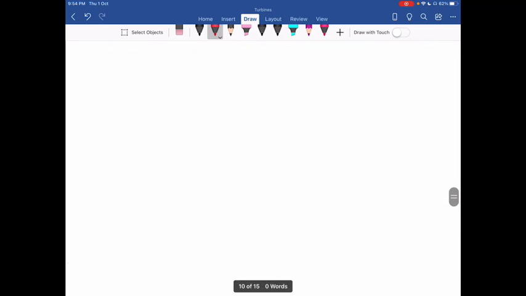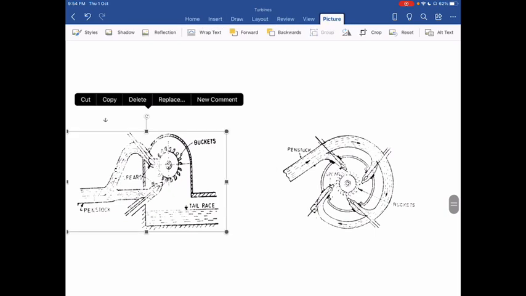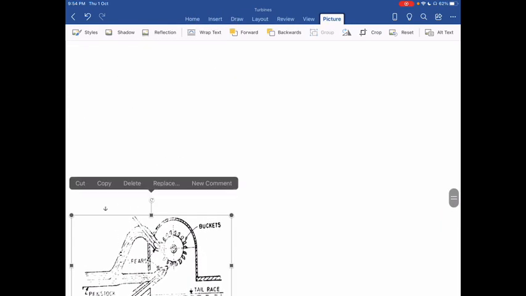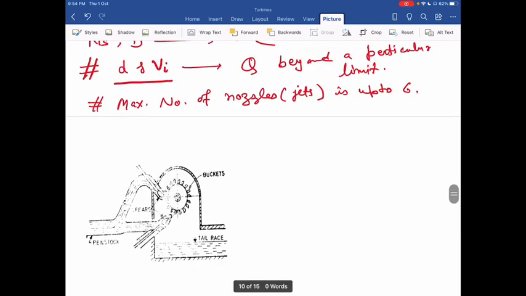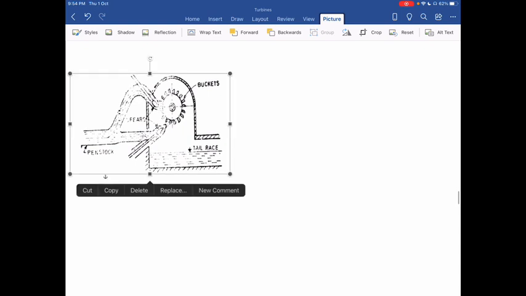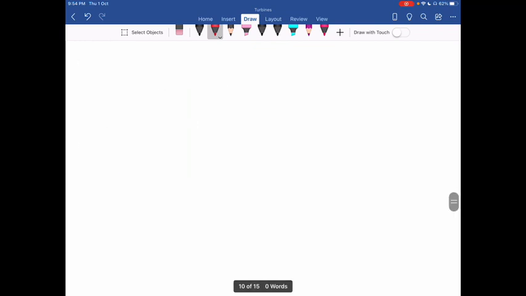Okay, now you can see in this diagram how I can use the nozzles. In this diagram you can see I have two nozzles. Here is one nozzle and here is the second nozzle. Now you can see another diagram.